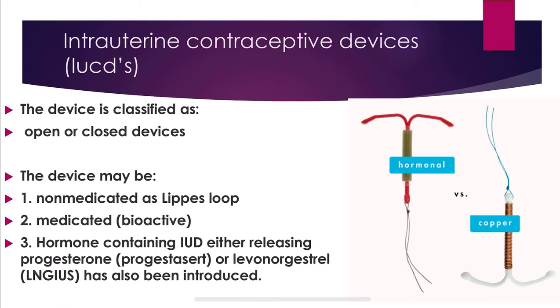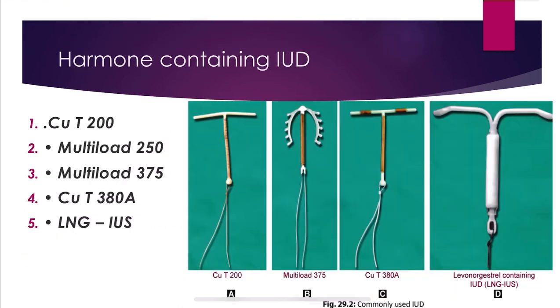The device could be non-medicated. Non-medicated is Lippes loop. Medicated are bioactive. Then the hormone containing ones, two you have to remember, one is progesterone, second one LNG-IUS, levonorgestrel intrauterine device. The copper containing intrauterine devices are Copper T 200, Multiload 250, Multiload 375, Copper T 380A.